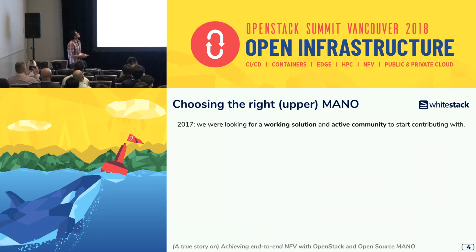But the upper MANO part was not that obvious. We were looking for a working solution, at least the basics of VNF and network services lifecycle management, and an active community, right? Because that's what makes the difference in an open source project.